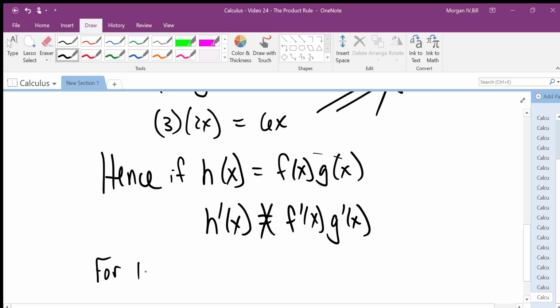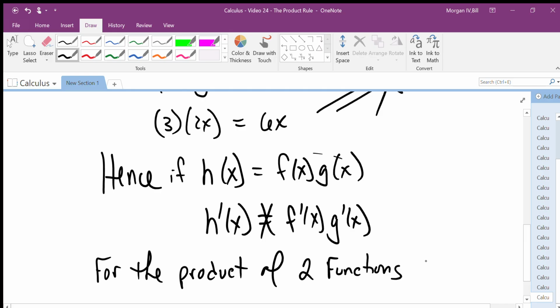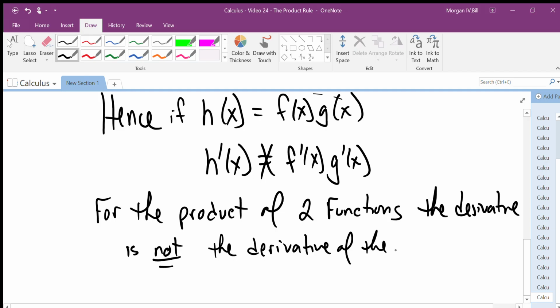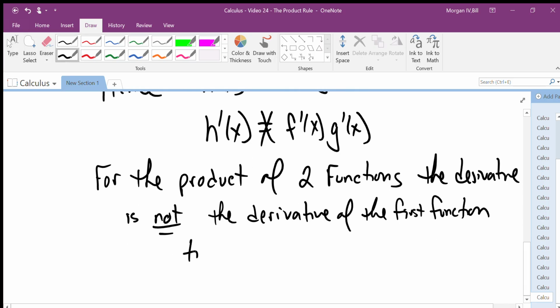For the product of 2 functions, the derivative is not the derivative of the first function times the derivative of the second function.